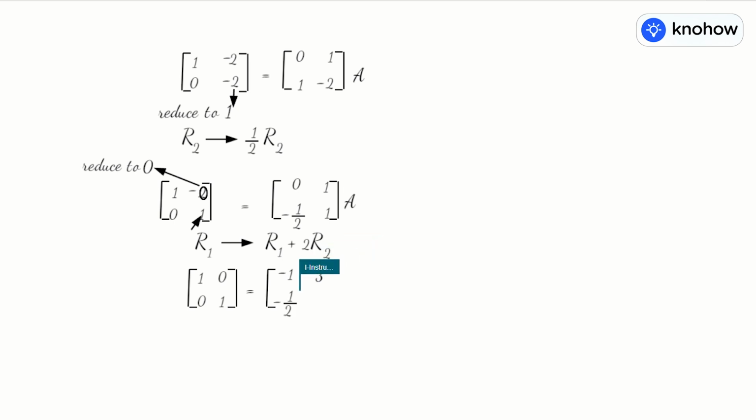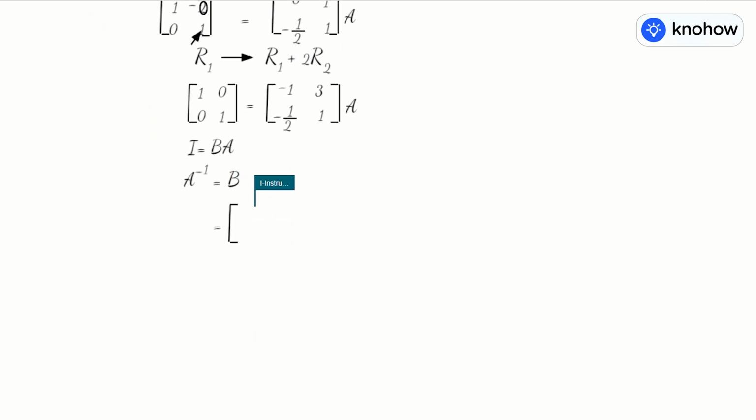So now we have got it in the required form, that is I equal to BA. So obviously A inverse is B, and the value of B we determined as minus 1, 3 and minus half, 1. So this is the required value of A inverse.